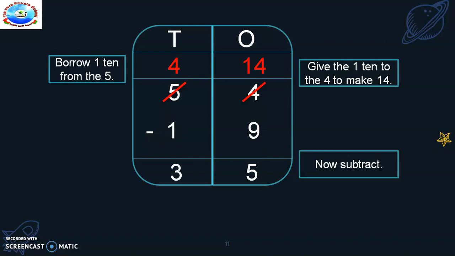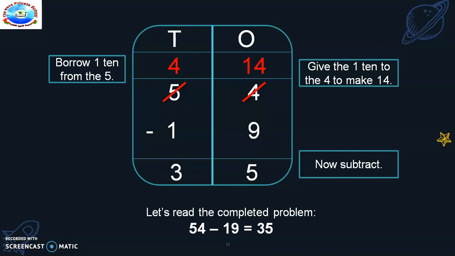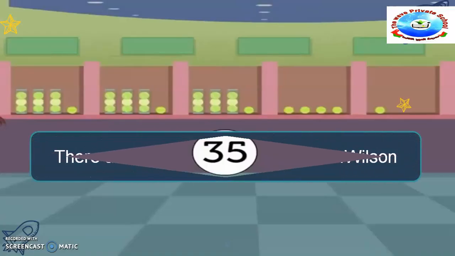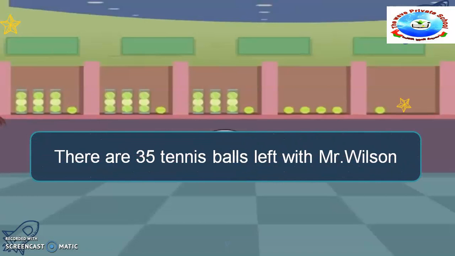Write it in the tens column. So we get the answer 35. That is 54 minus 19 is equal to 35. Thus, there are 35 tennis balls left with Mr. Wilson.